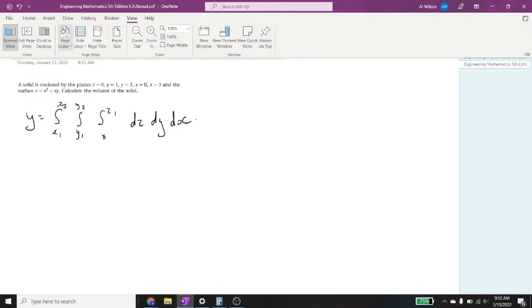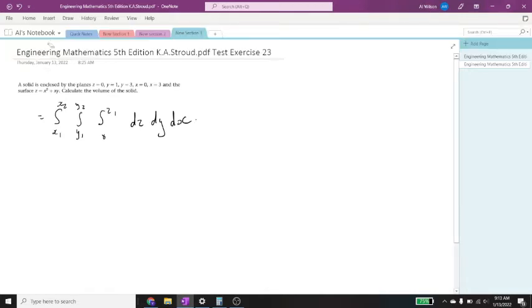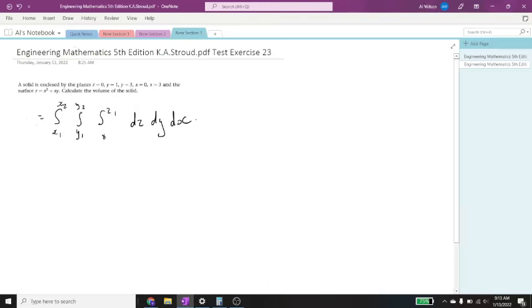Anywho, moving on. This should not be y, this should be phi. So that's phi. So, take note, we already have what z is equal to: z is equal to 0 and z is equal to x squared plus xy. We have what y is equal to, and we also have what x is equal to.